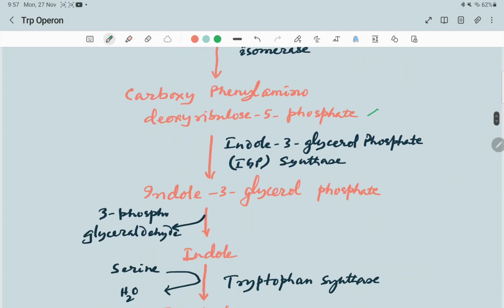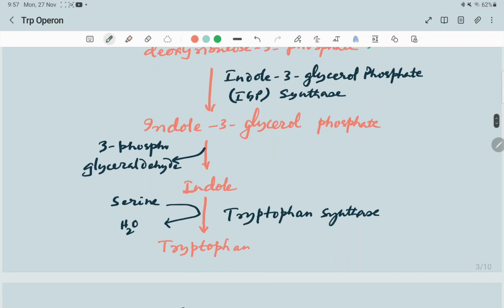Then by IGP synthase, indole 3-glycerol phosphate synthase, indole 3-glycerol phosphate is produced, and then by the action of tryptophan synthase, tryptophan is produced. So indole 3-glycerol phosphate first releases 3-phosphoglyceraldehyde to produce indole, which in presence of serine and tryptophan synthase produces tryptophan.